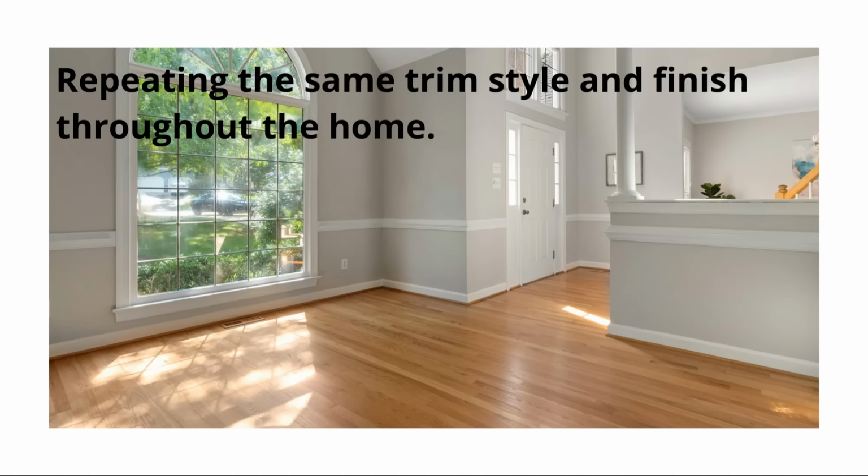The other thing that we can think about in relationship to our floors and our walls are trims. And using the same type or style of trim throughout our home is one way to tie everything together. And when we use the same stain color or the same paint color on the trim, that is using repetition again.